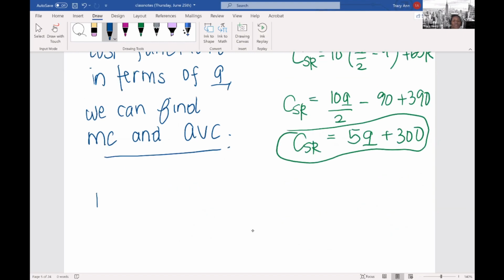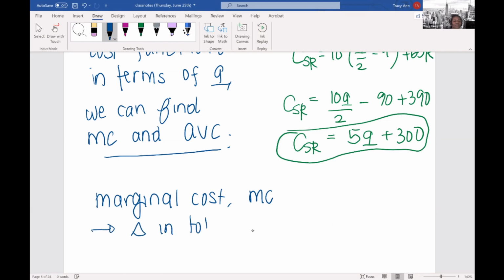So your marginal cost, which is MC, is your change in total cost resulting from a change in quantity.